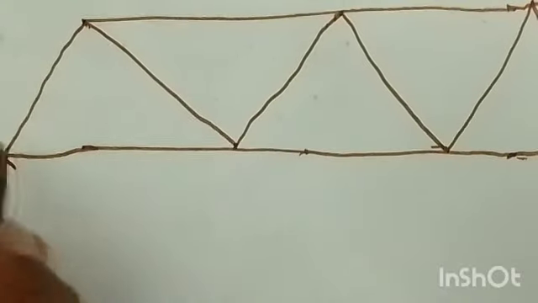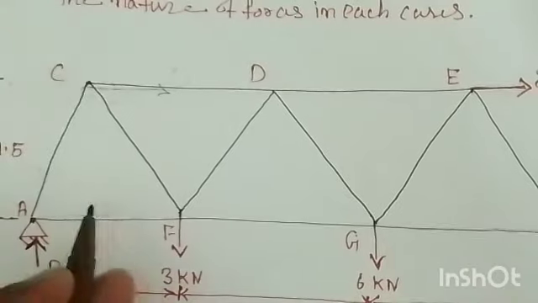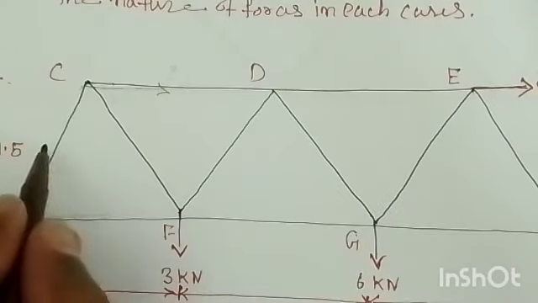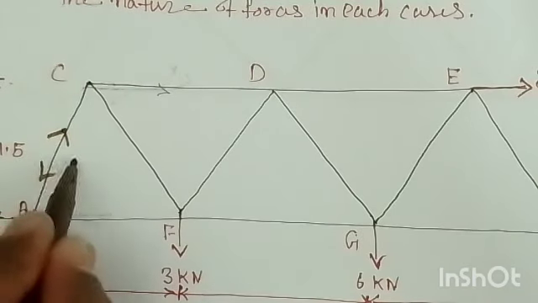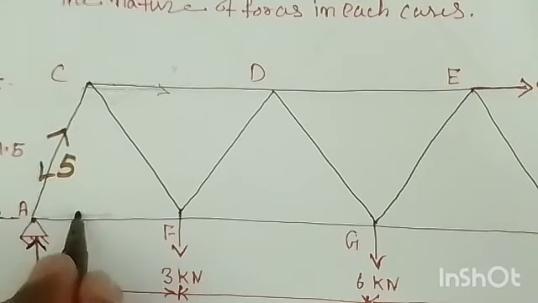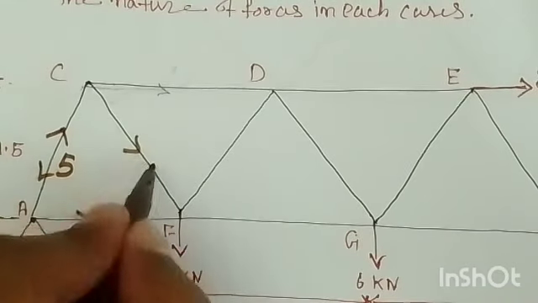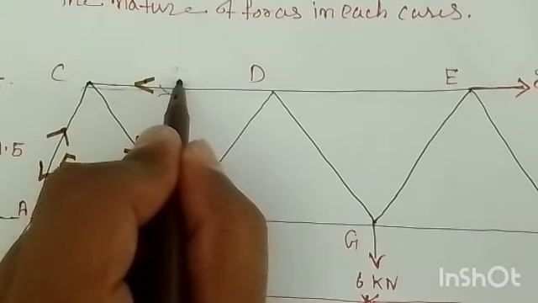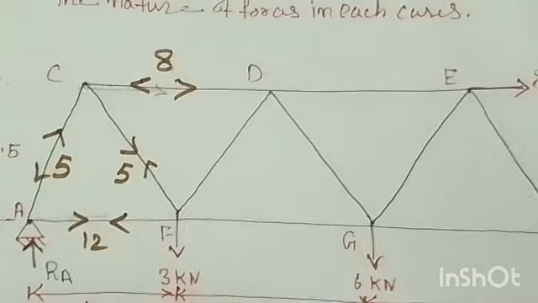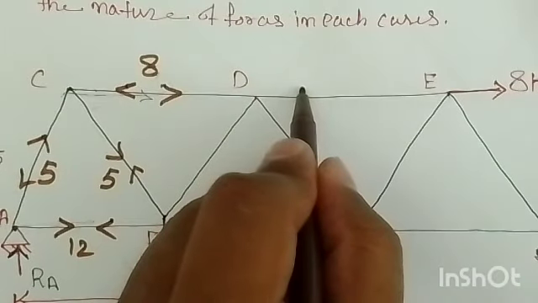In this member we got the 5 kilonewton force. These are compressive, so it is like this, and the magnitude is 5, and in this we have a 12 kilonewton force. In this also we got 5. In this member we got 8 kilonewton, and in this member we got the force that is also 8.